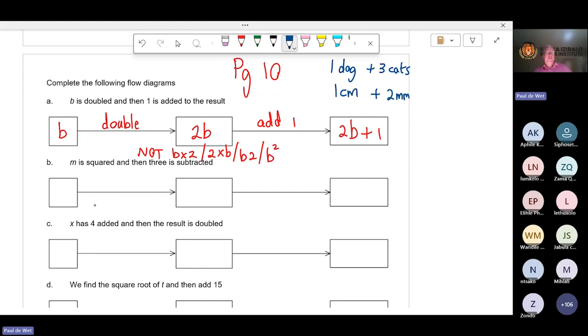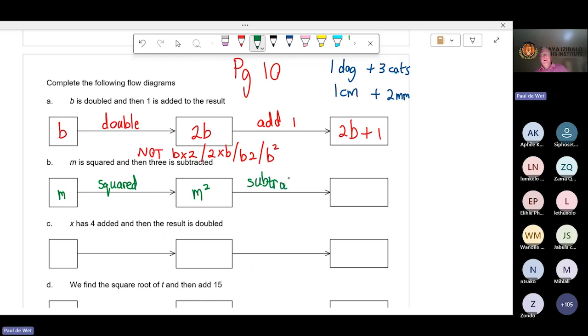Now let's see how we're going to write this. We're going to start with the next one. M, and it's going to be squared. Now, squared means times by itself. Remember, we started today with exponents. So that is how you write m squared. And then we're going to subtract 3. Well done.